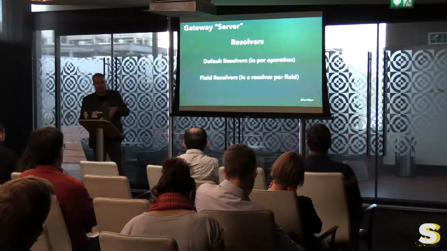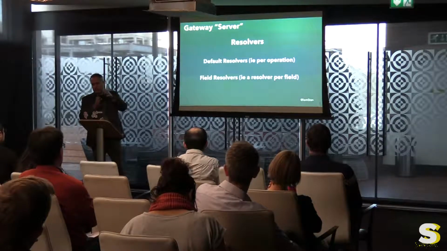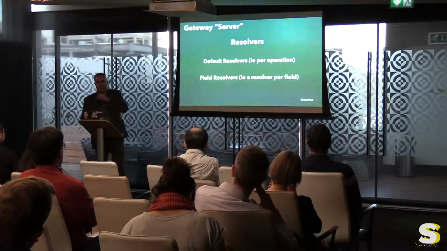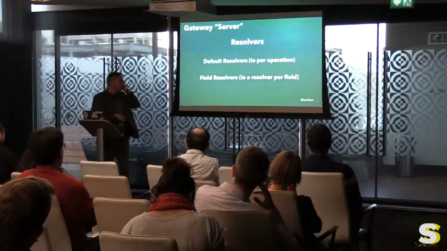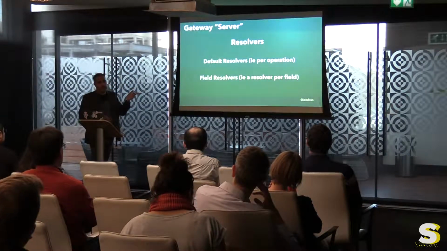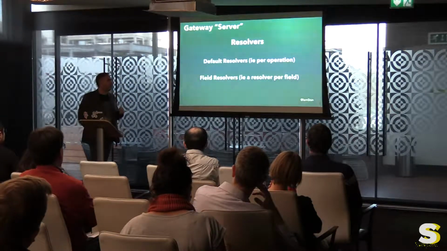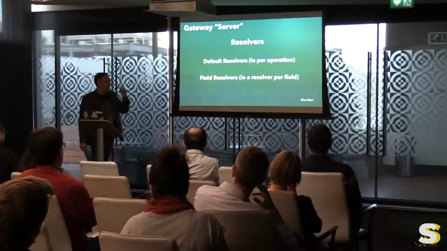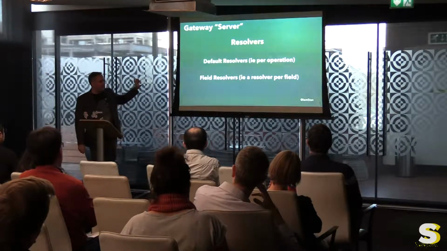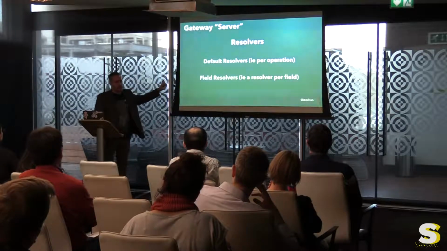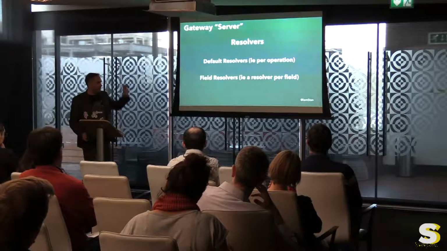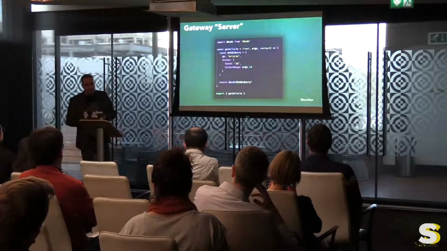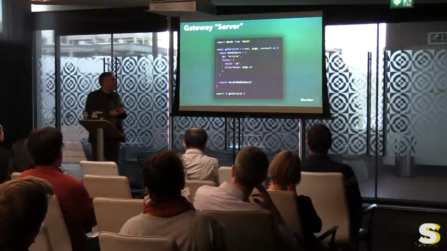You can't use those utilities to translate your schema into executable code if you're going to be using field resolvers. Most examples won't be using field resolvers. You'll see a few, but most of the time it's the default resolver. It's useful to know the difference, but 99% of the time you'll be using a default resolver. So what does a resolver look like?